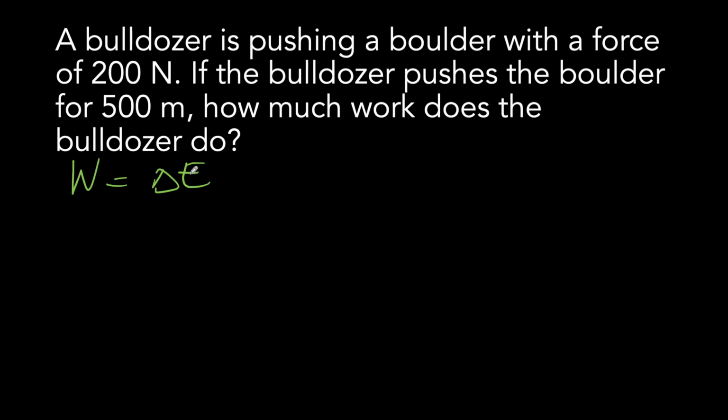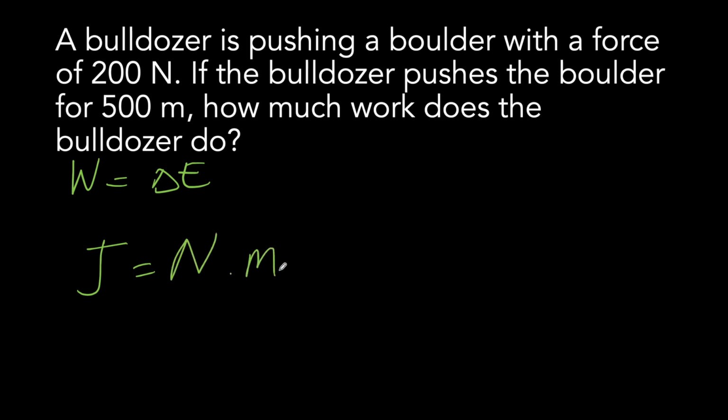Well, what I know from the work-energy theorem is that the units of work and the units of energy have to be the same. And I might remember that the unit of energy is the joule. And furthermore, the joule is a Newton times a meter.